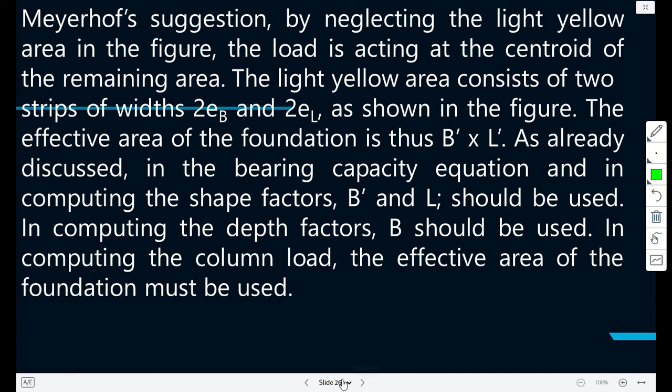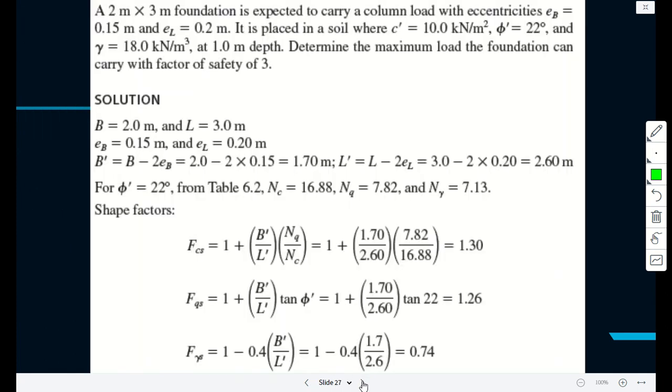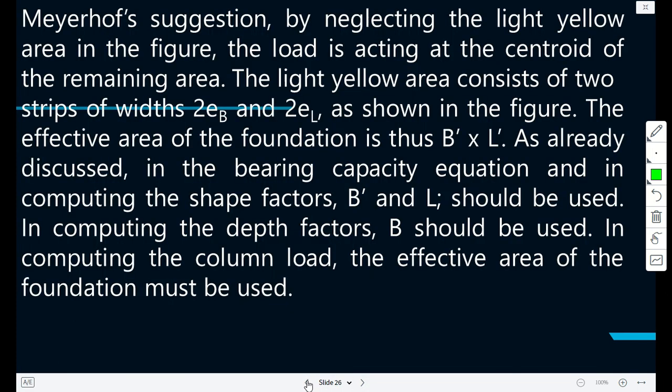So here we are not going to belabor the point, because you remember we only need B prime, L prime and A prime, which has been very simplified. If you have B, then B prime would simply be B minus 2E, and L prime would be L minus 2E.